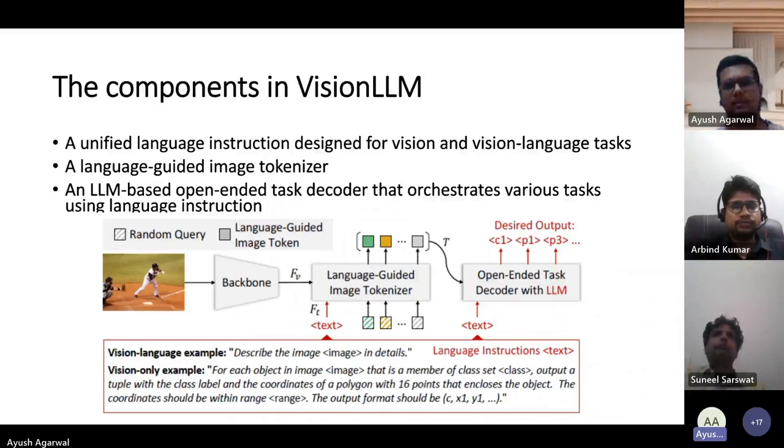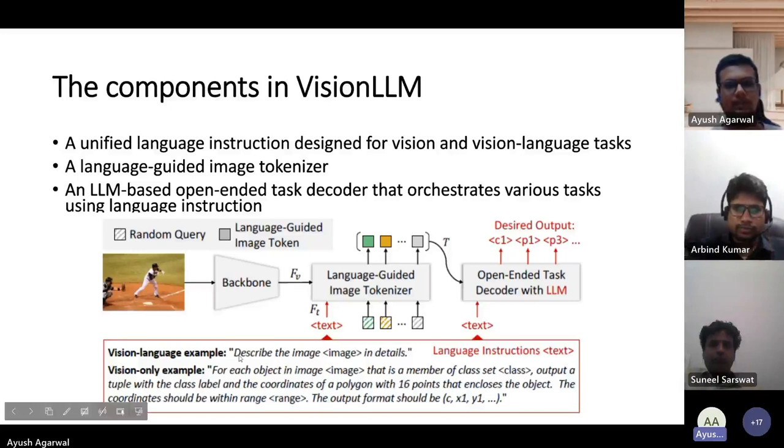So let's come to what the model is. The model essentially has three components to it, and we'll see all of those one by one. The first component would be a unified language instruction that is designed for both vision and vision-language tasks. Vision-language tasks are when you don't require anything very specific to the coordinates of the image.